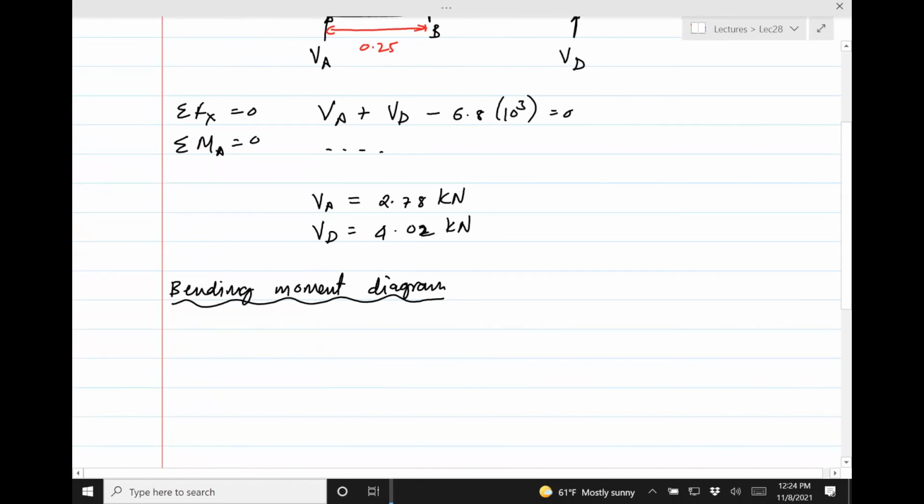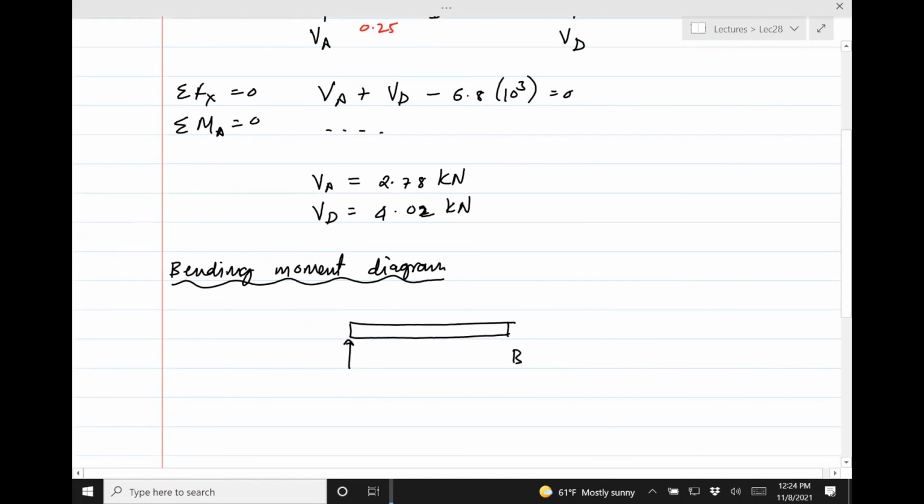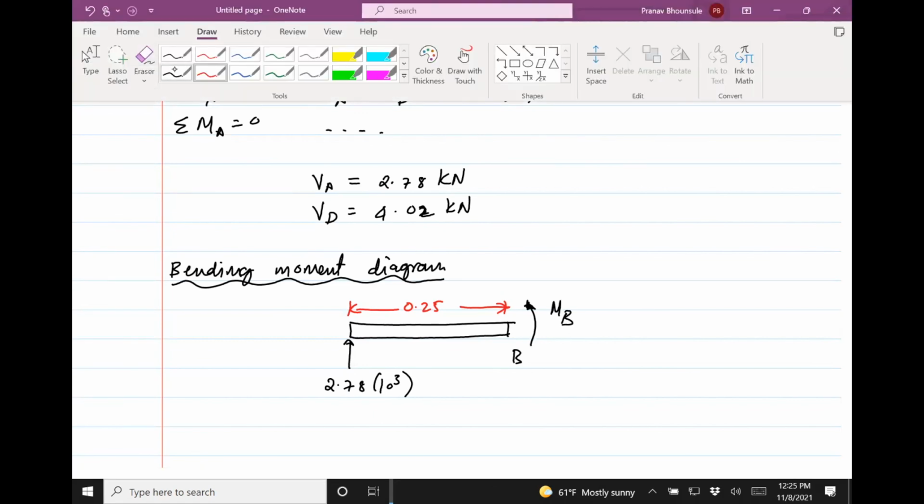We only need to find the moment at B. So what we do is we draw the section of the beam till B. We apply VA, which is something we found, 2.78 times 10 raised to 3. And then there's a moment, which is an unknown, and its distance is 0.25. So that's all we need to find MB.